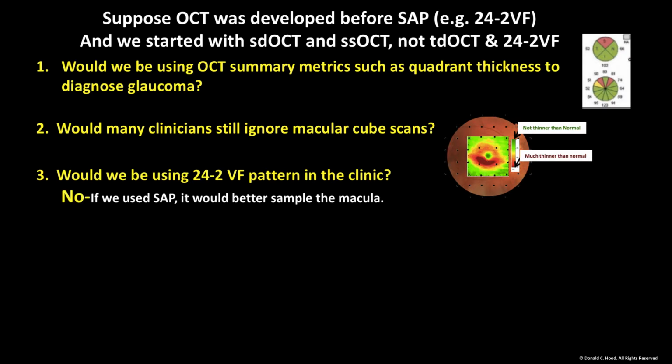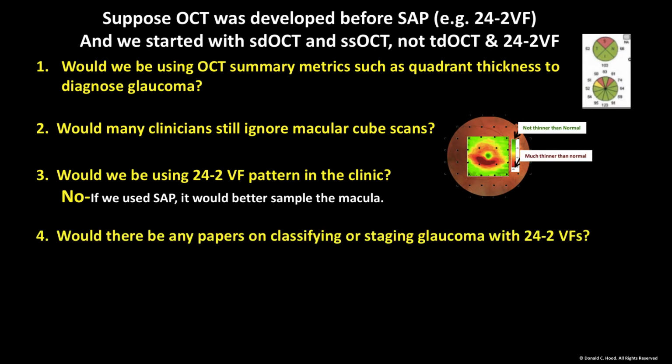If we did use static automated perimetry, and I believe we would still be using static automated perimetry, it would better sample the macula. Would there be any papers on classifying or staging glaucoma using the 24-2 visual fields? Because almost all the staging papers in the literature, including staging used for billing, base it on the 24-2, which is underestimating at best, missing at worst macular damage.